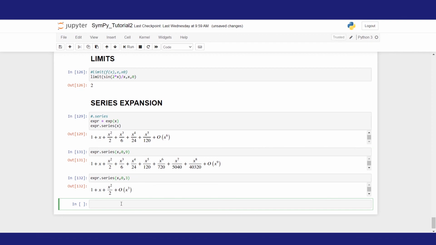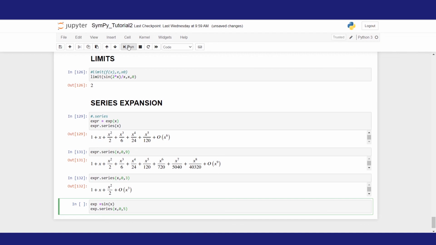Let's look at one more expression. Let's say the expression equals sine of x. How do we expand trigonometric functions? The same way. I'll say expression dot series, mention the variable is x, and begin from 0 to the order of 5.